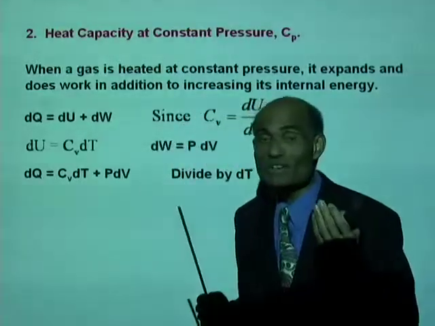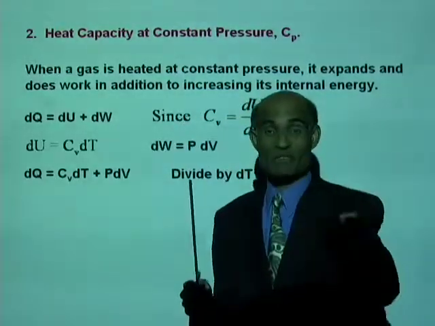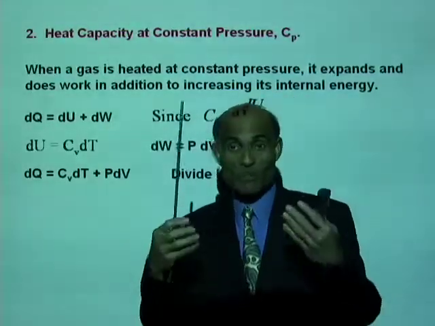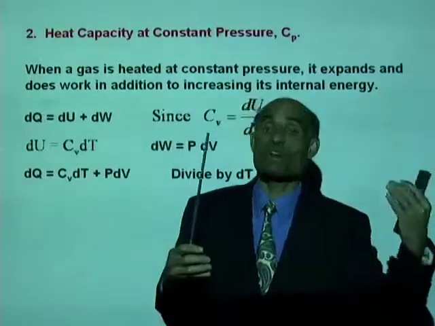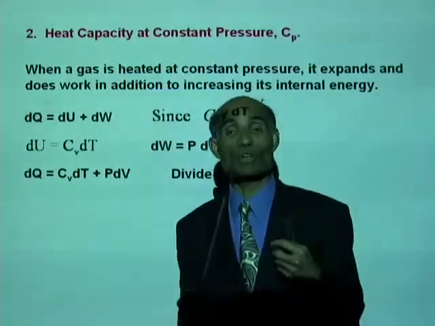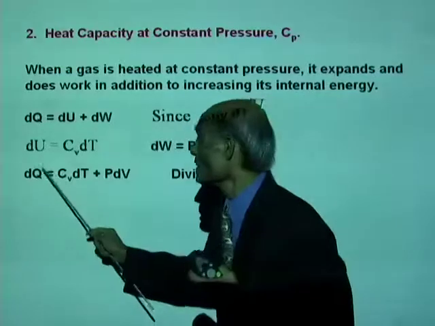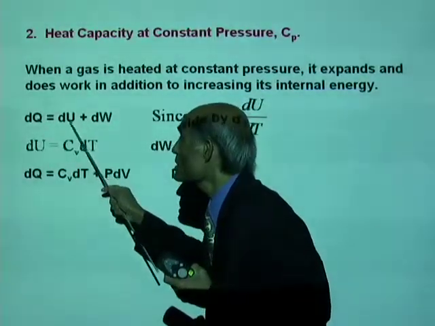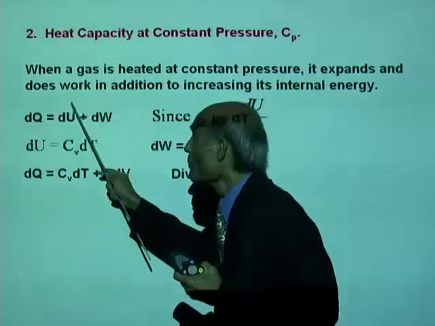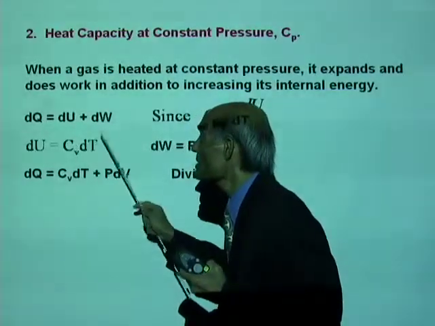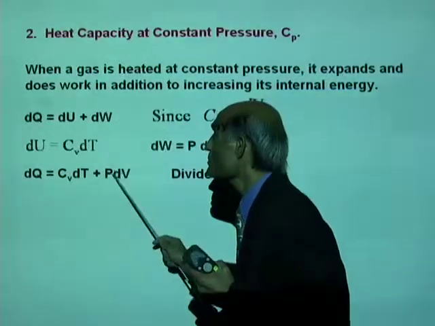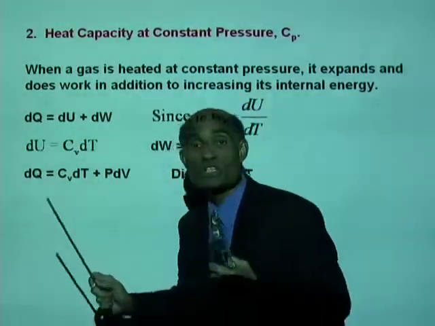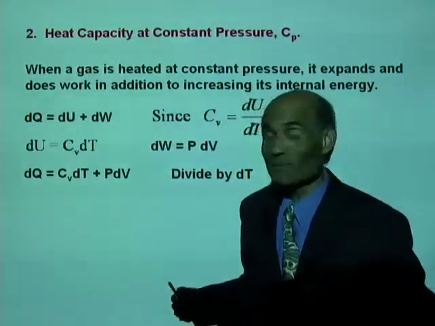This dQ by dT is a measure of the heat capacity, whether it is at constant volume or at constant pressure. So in this case, when dQ equals dU plus dW, where dU is Cv dT and dW is PdV, dQ by dT will be our Cp.